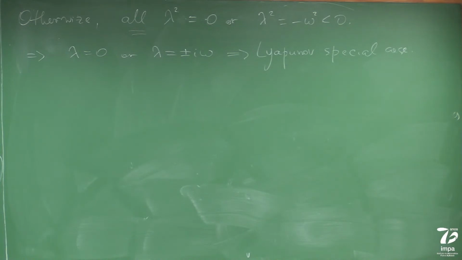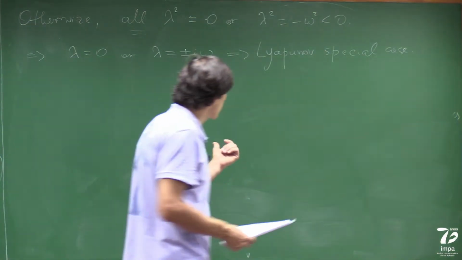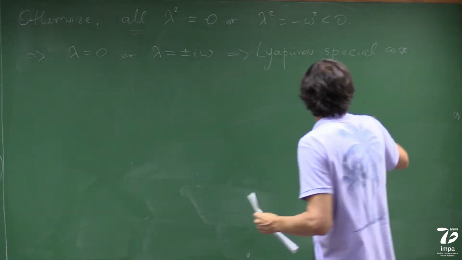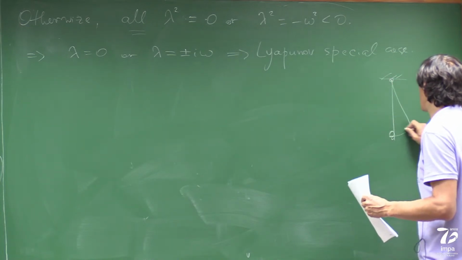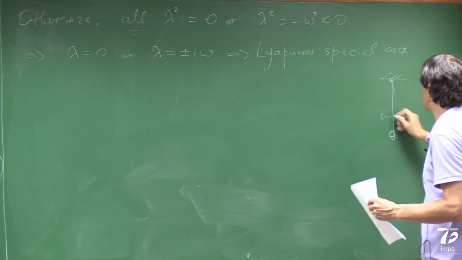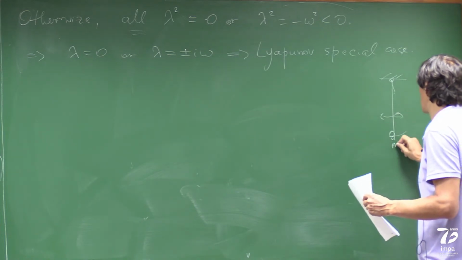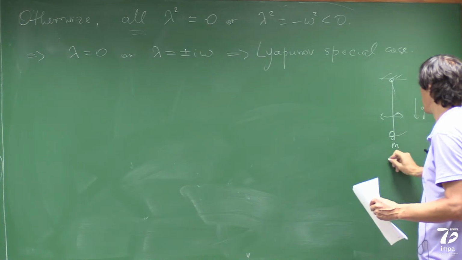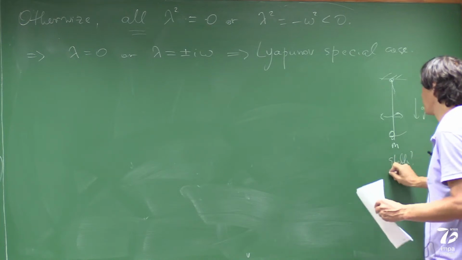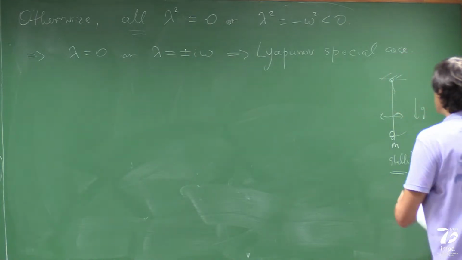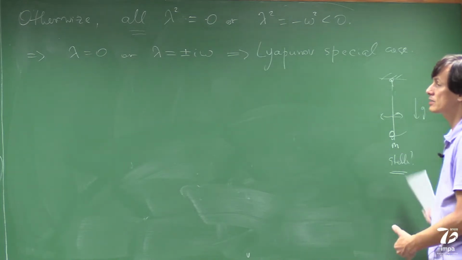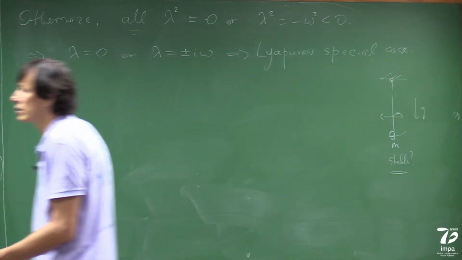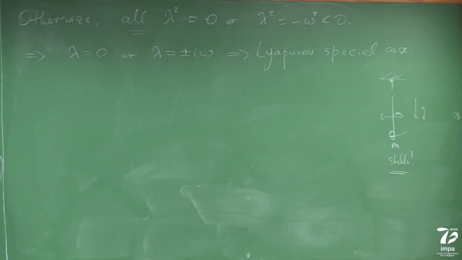So the question is, so far we don't have a theory which proves that the vertical position is stable. Linearized system is stable, but since it's a special case, we cannot say that it will be stable when we take into account all the nonlinear terms.